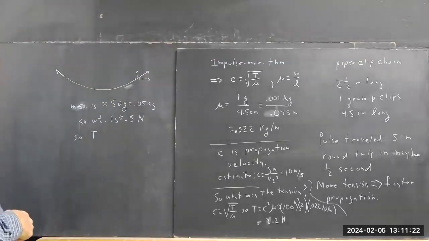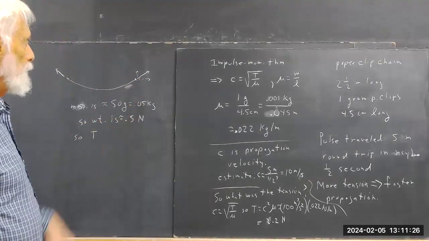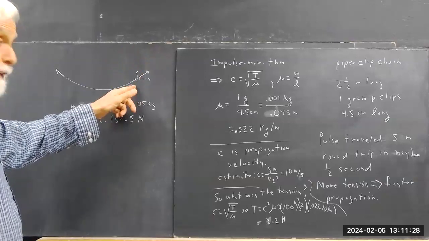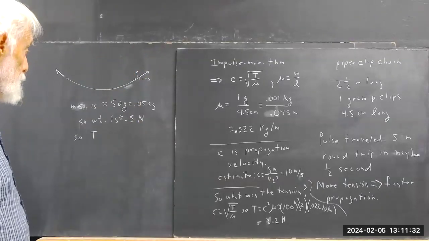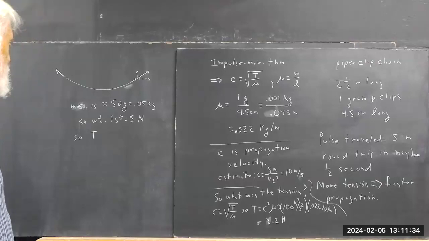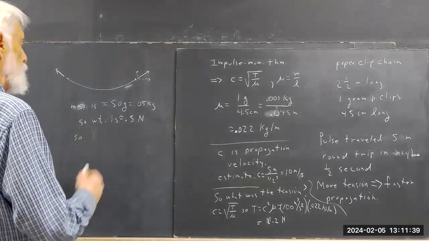If the shape is as I've pictured it, it looks pretty close to a 30-degree angle at the end, which means that your vertical component would be about half the tension.